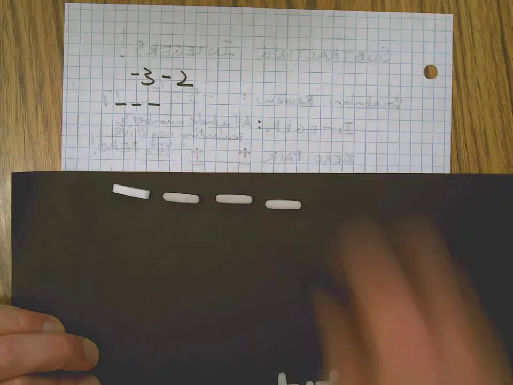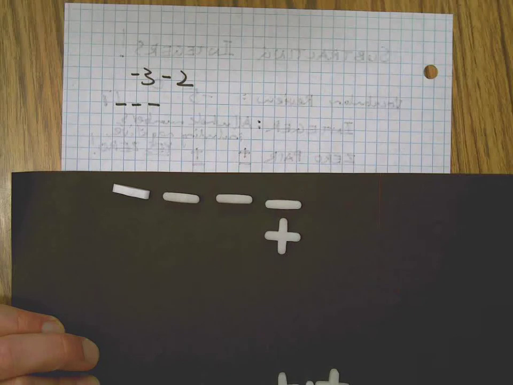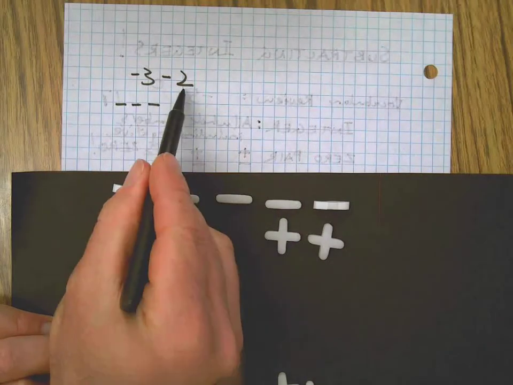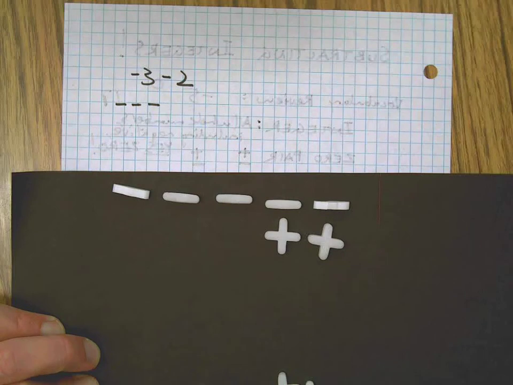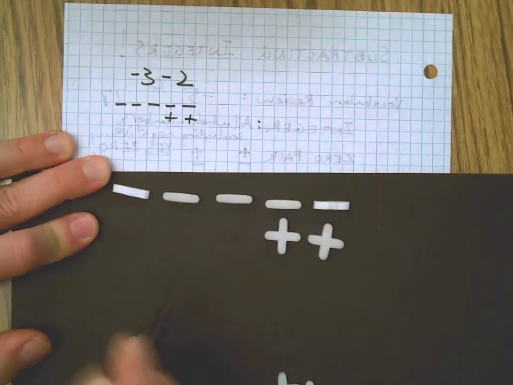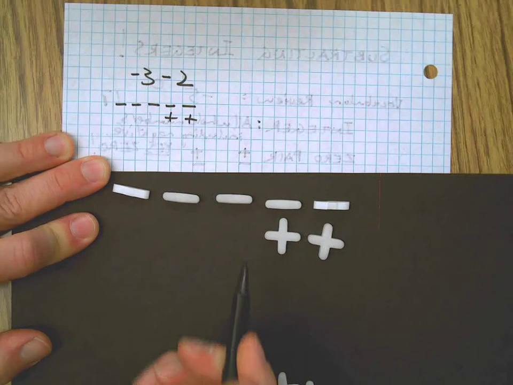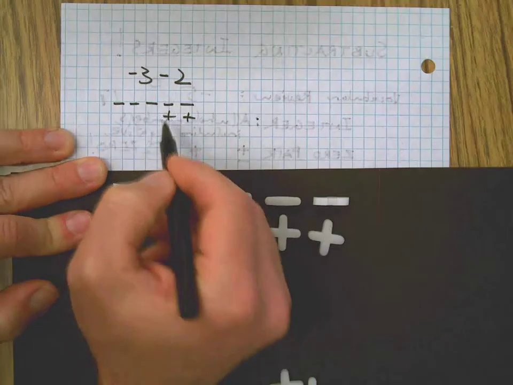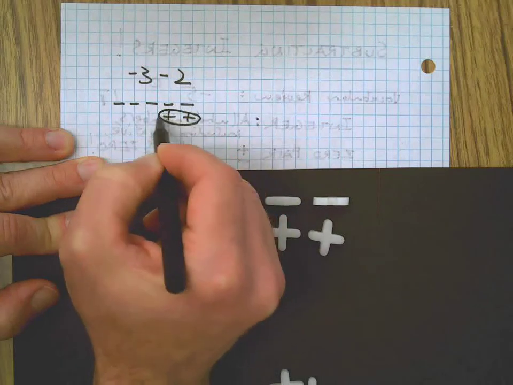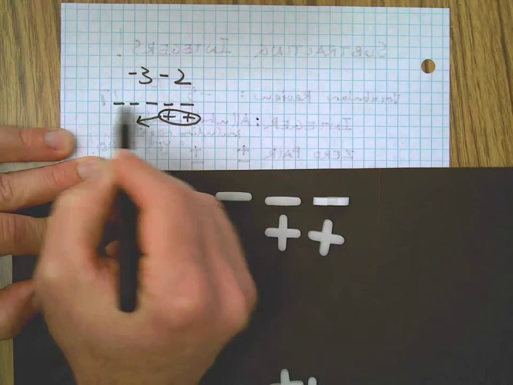Here's the beautiful thing. If I add zeros until I have 2 that I can take away, now I can take it away. So if I redraw a -3 to look like that, would you agree that is still -3? Of course you agree. But now the cool thing is I have 2 positives that I can take away.